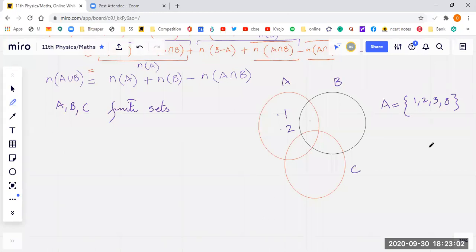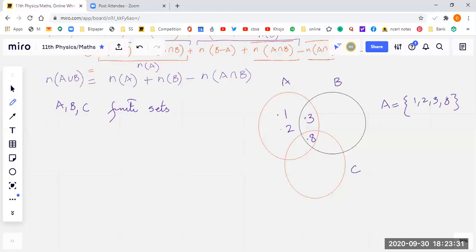So I take 1 element common with B, that is 3. And I also take 1 element common with C, that is 8. Right? See that, but some space is occupied from B also, so that clearly means that 8 is common in A, B as well as C. Okay, so one thing is clear that A set has 1, 2, 3, 8 elements, right?